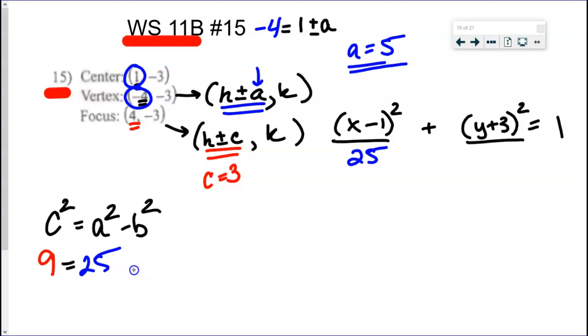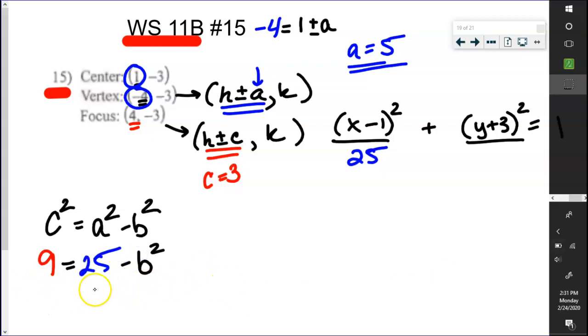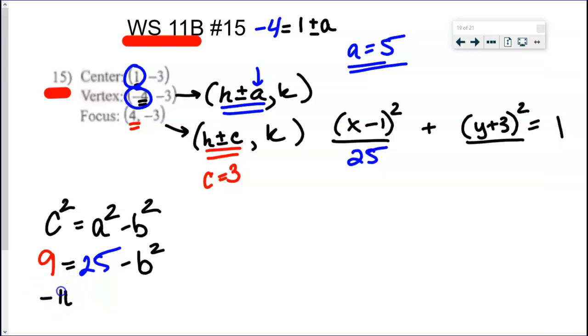I feel like I messed something up here. See what it works out to. All right, so subtracting 25 from both sides, you got -16 equals negative b squared. So the negatives end up canceling out. B squared equals 16. You can go as far as to tell me b is 4, but think about what I really want, guys. I want b squared because that's what goes right here in my formula.